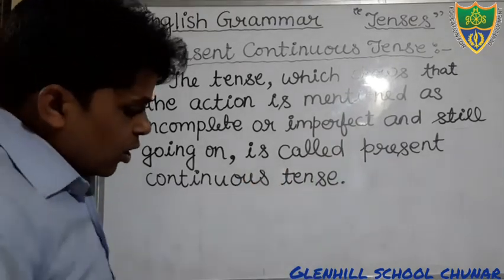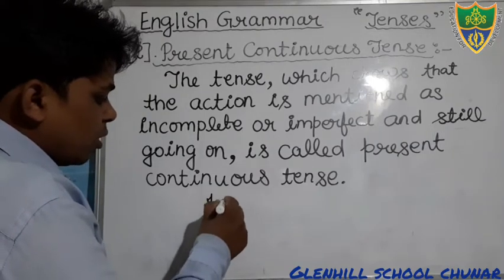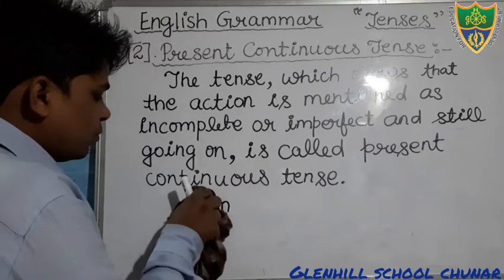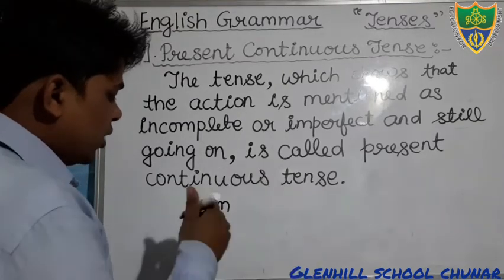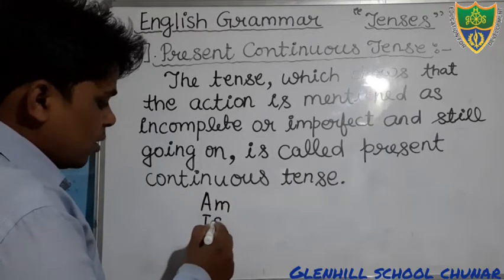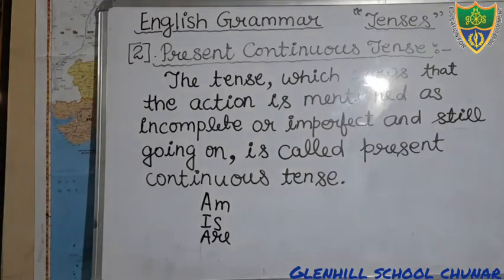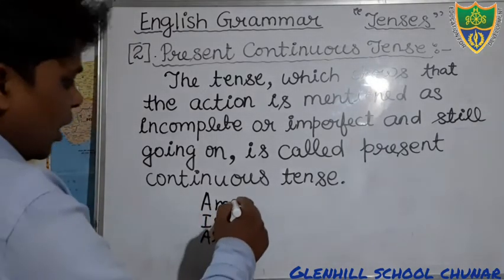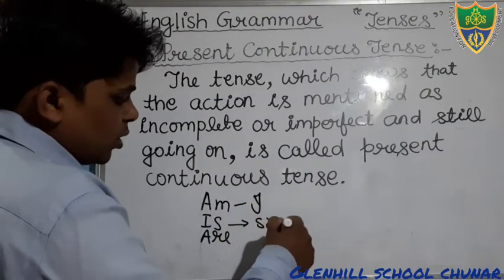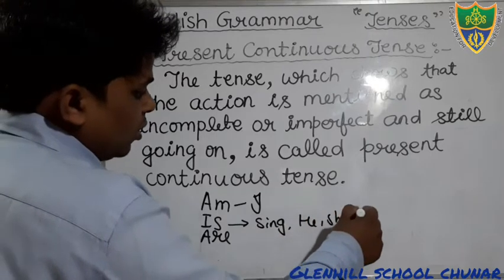Dear students, keep in your mind there are three helping verbs we use. Here in this tense, in present continuous tense, we use three helping verbs: am, is and are. We use am with I, and is with singular subject, or you can say he, she, it.